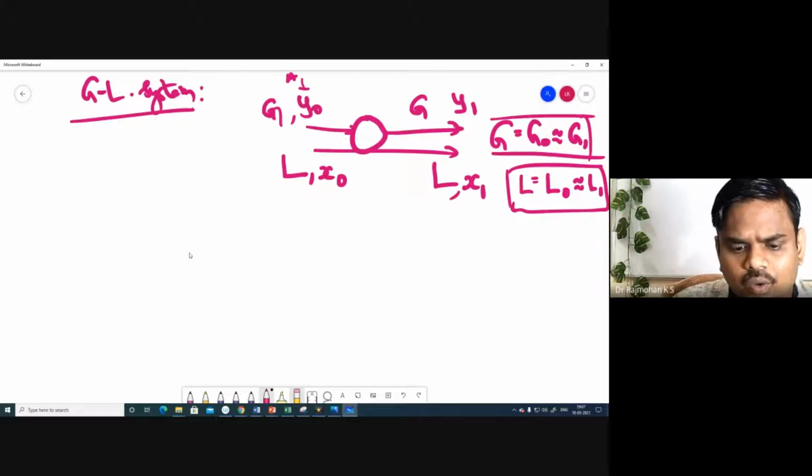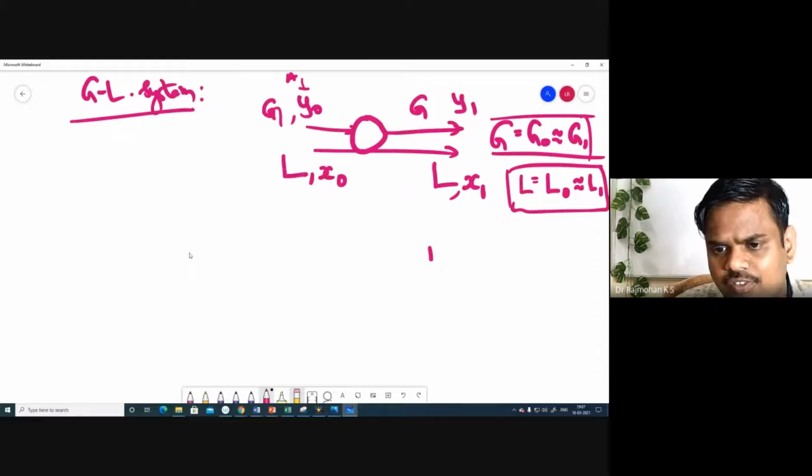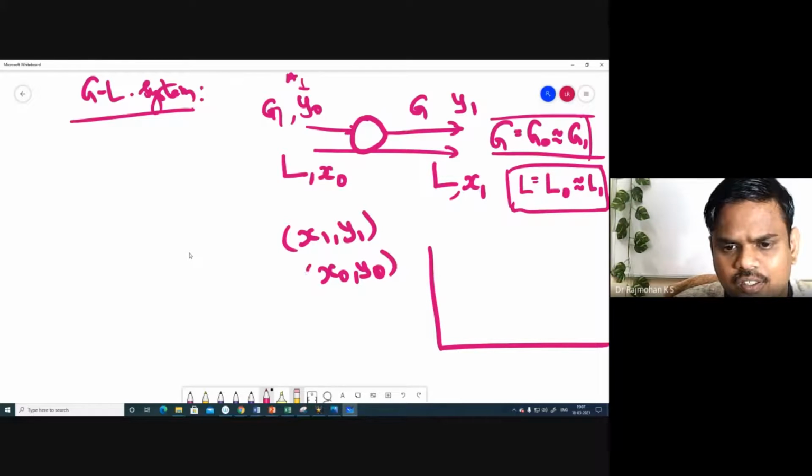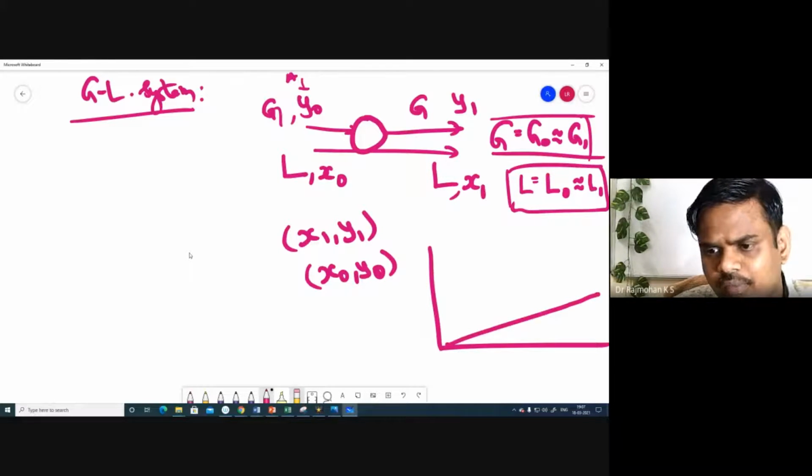Now how we define this one is Murphree plate efficiency. We have seen we have a composition. What you can do, we can plot x1 y1, we can plot x naught y naught, right? And we have equilibrium curve y star equal to mx, slope is m.